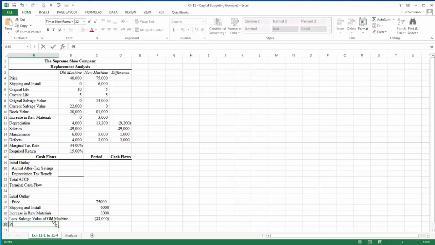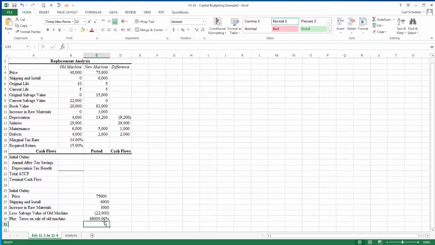So let's say plus taxes on sale of old machine. Okay, so the taxes are going to be equal to, in parentheses, the 22,000 minus the 20,000, close our parentheses, times the tax rate of 34% and hit enter.